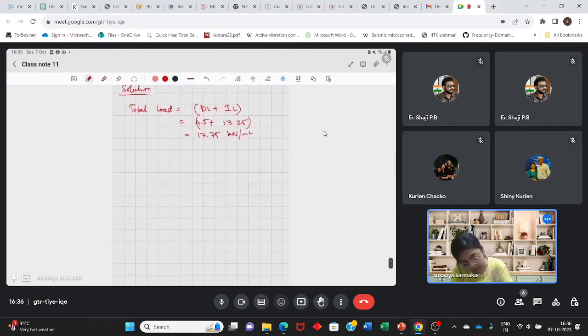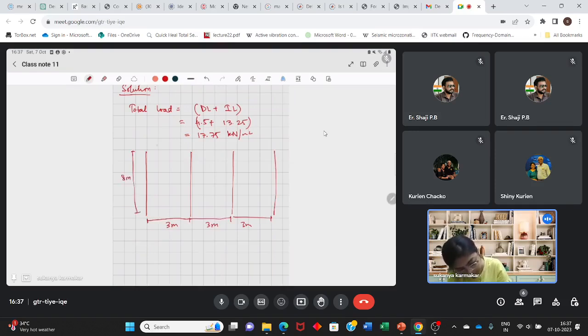What does this mean? So, it will look something like this. I'm drawing the plan view. Suppose there are a number of steel beams. This spacing is 3 meters, and the length is 8 meters.